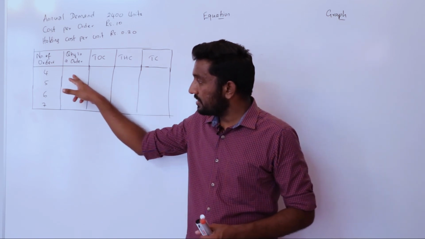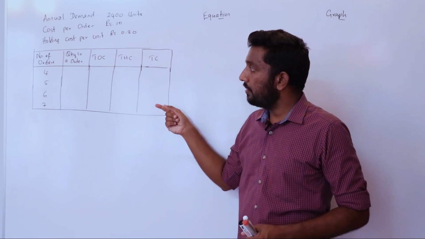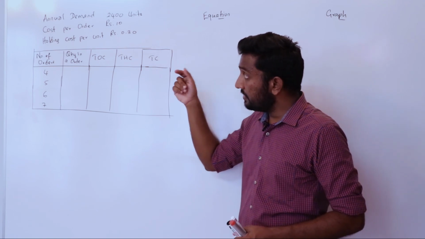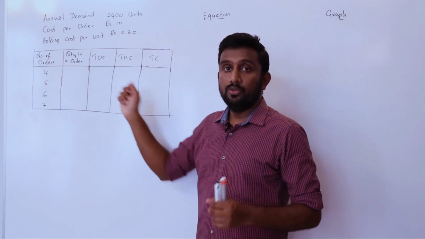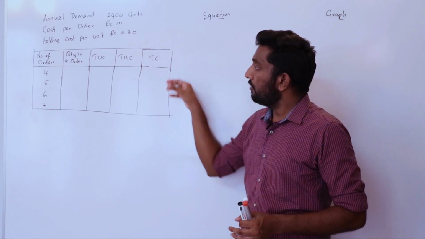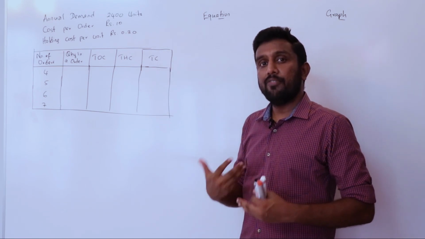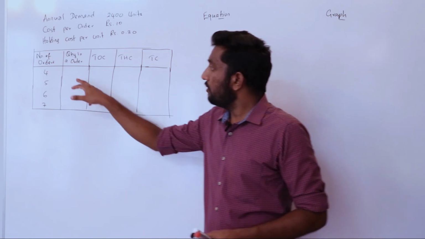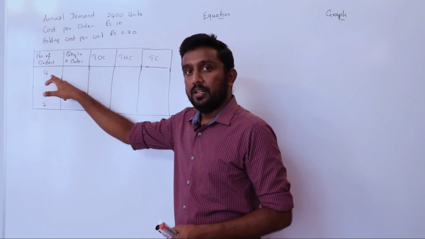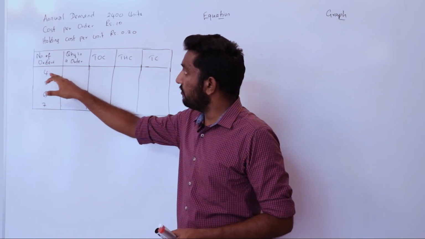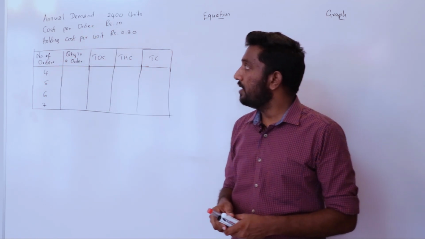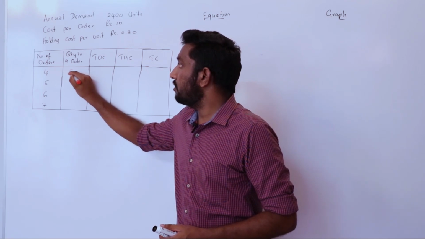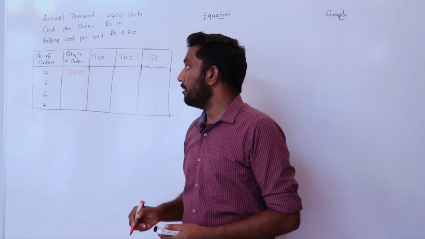So I'll explain the first line and then quickly fill in the other scenarios he came up with for the number of orders. You can also try it, so we can fill the table and get some findings from it. If you take the first line, the number of orders is 4 and your annual demand is 2,400, so we will have 600 quantity in one order.